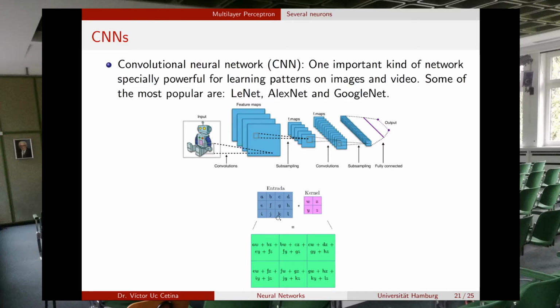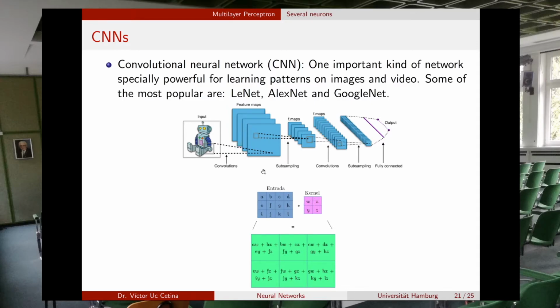The result of this sum will be the output of the first neuron in the first layer of this network. Then you move the kernel one position to the right, and you get this submatrix, B, C, F, and G, multiplied by this. This star represents the convolution operator. So for the next output you will have B times W plus C times X plus F times Y plus G times Z, and so on.